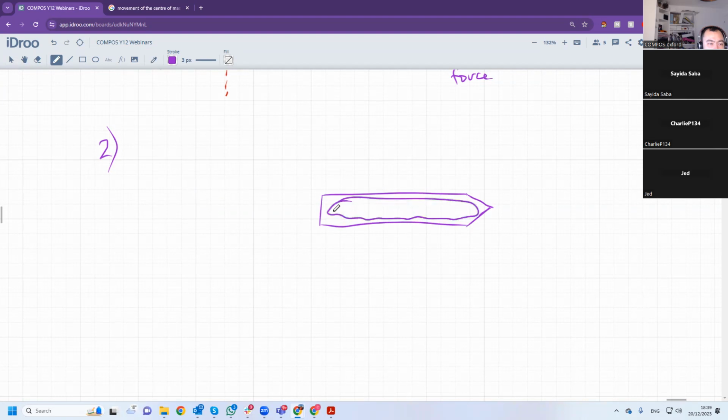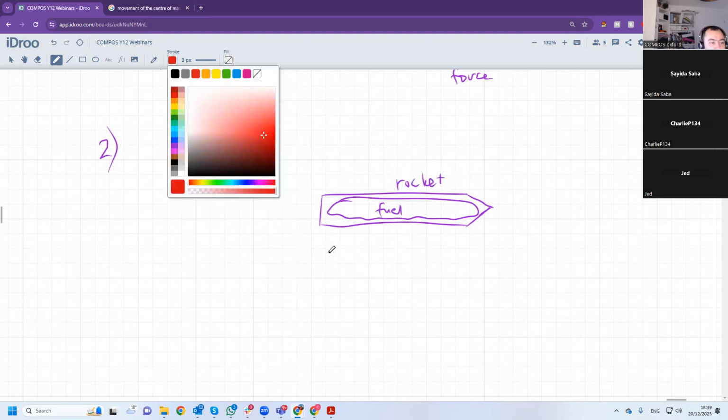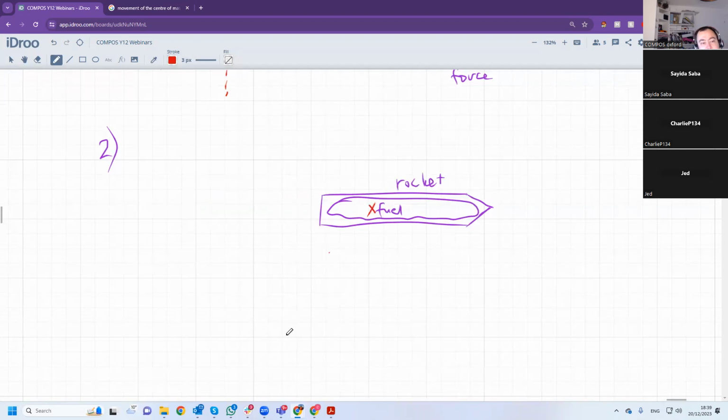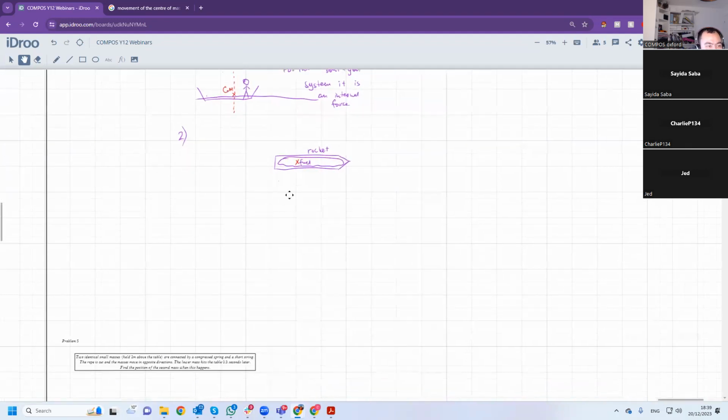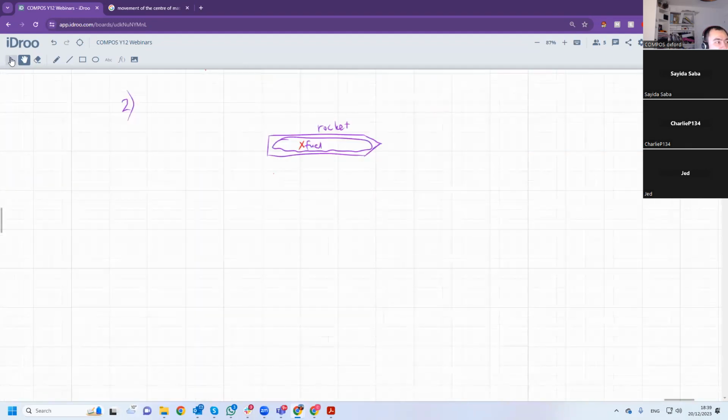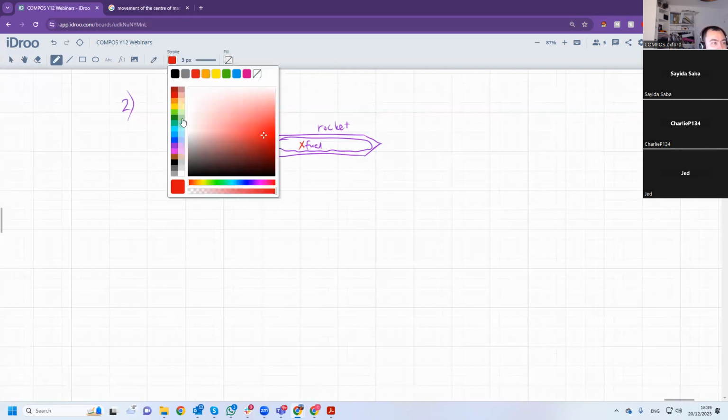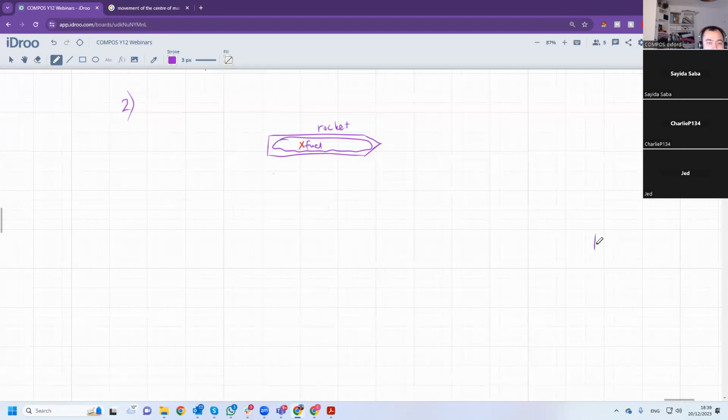Well, when I say some fuel, it's mostly fuel. This is the rocket, and the center of mass is here. If the rocket spits out the fuel at a really high speed, the rocket is now somewhere here. I don't know, a million light years away.